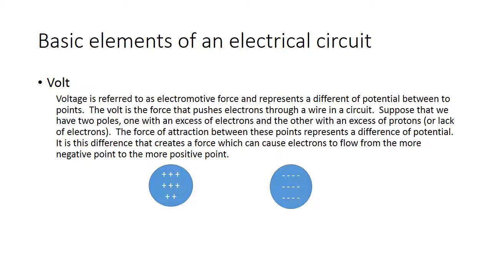And remember also that essentially when we're talking about the flow of electricity, we're just talking about the force that's unleashed by the movement of electrons through a circuit. So one of the 3 basic elements of any electrical circuit is voltage or pressure.